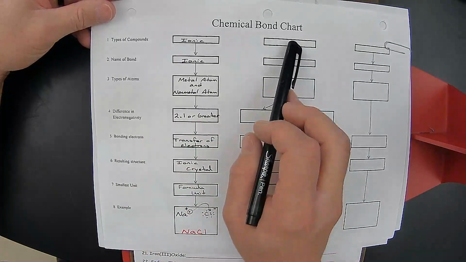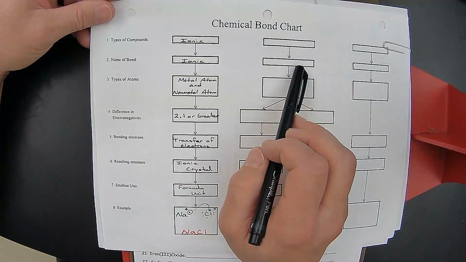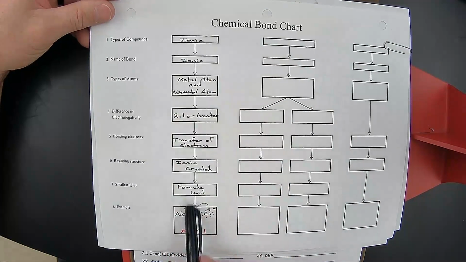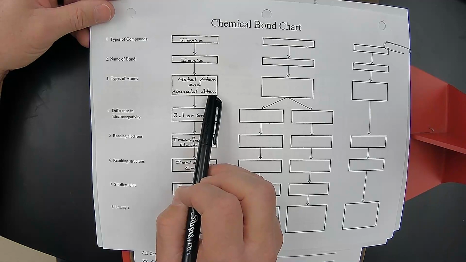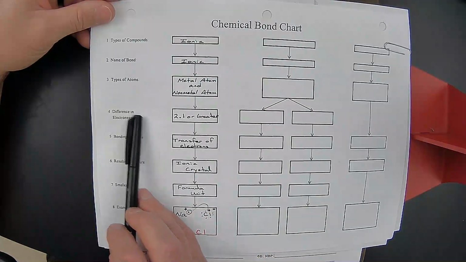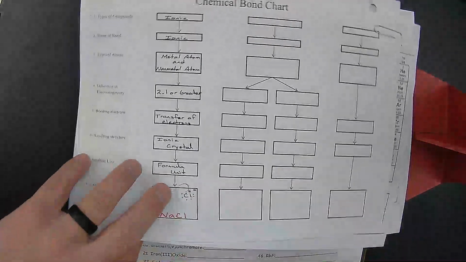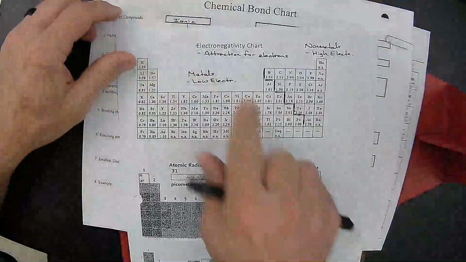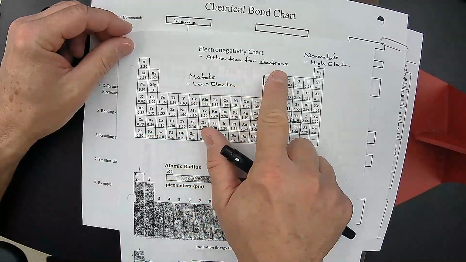When we move over here, the compound name and the bond name will be different from one another. In this category of ionic bonds, we're looking for a metal atom and a nonmetal atom. And the important thing is the electronegativity difference, the attraction of electrons.